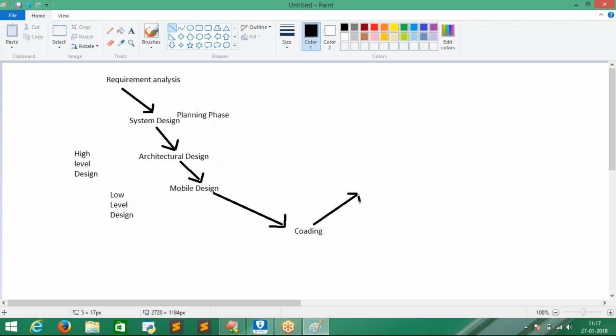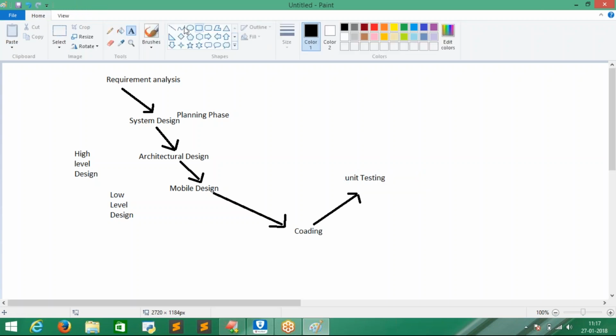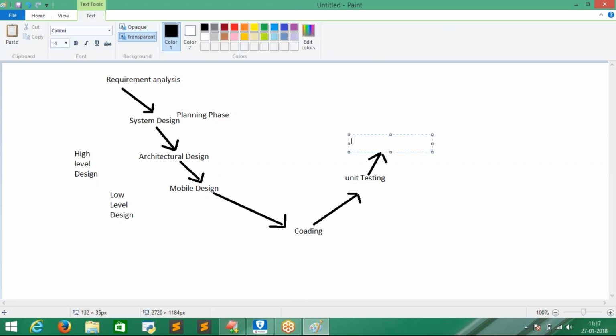After coding, the first test that comes is unit testing. After unit testing, it will be integration testing.